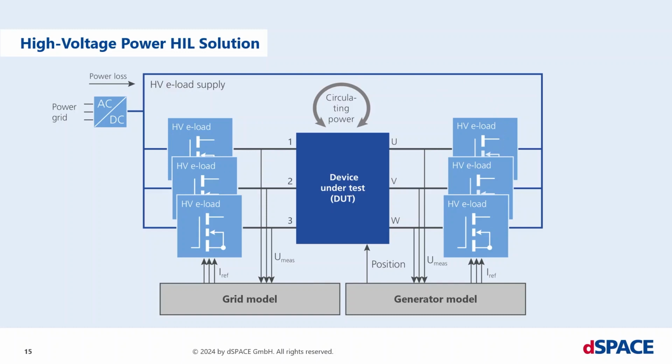In an ideal setup, we do not have to feed any power anymore, but in the real world setup, with some losses in our load modules and some losses in the device under test, I only have to refeed the power losses, which are in the range of 10 up to 15% of the overall system power. That means if you emulate, for example, a 100 kVA system, you only have to feed around 10 up to 15 kilowatts from the grid.